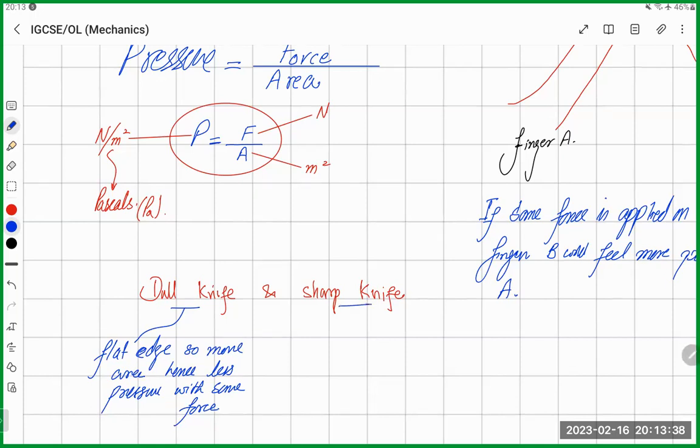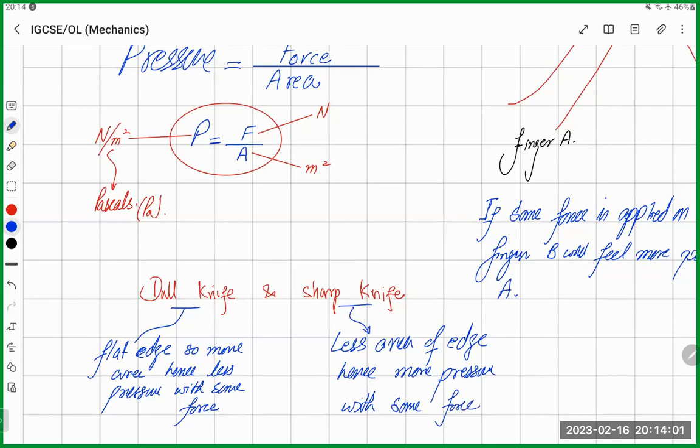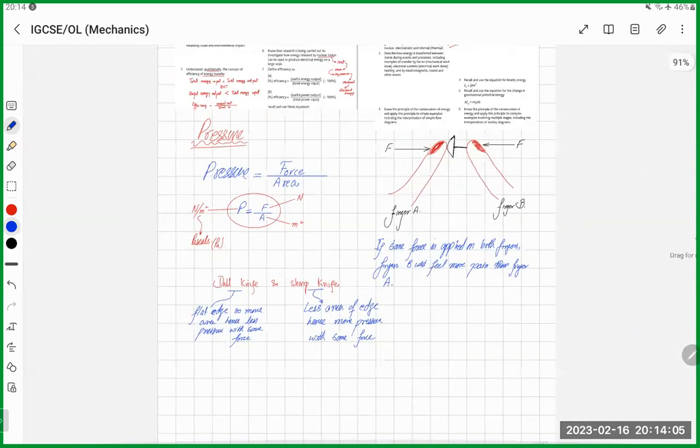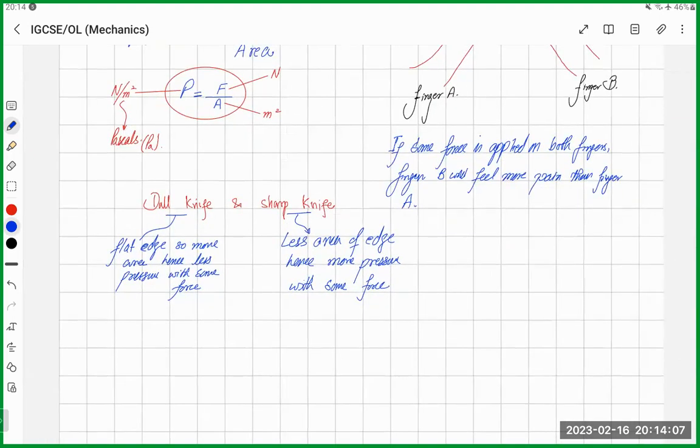A sharp knife has less area of edge, hence more pressure with the same force. Now, pressure is a relationship between force and area.